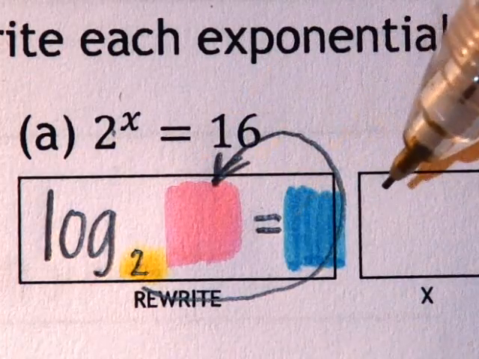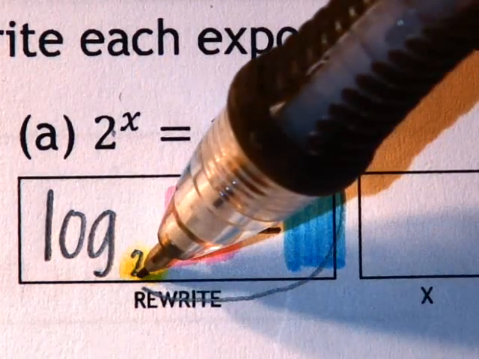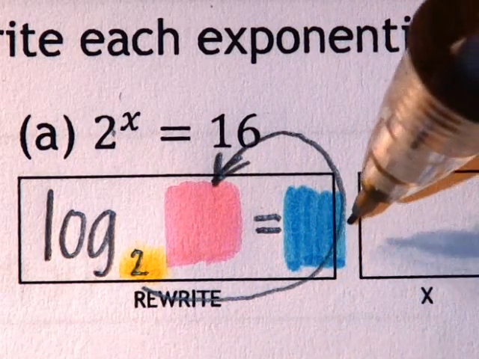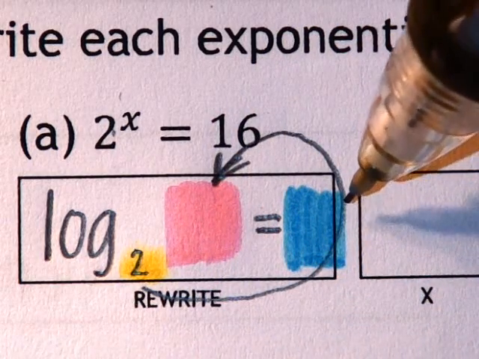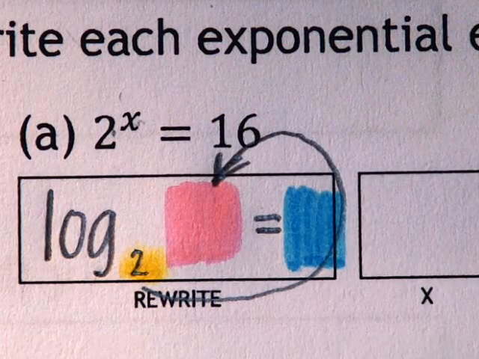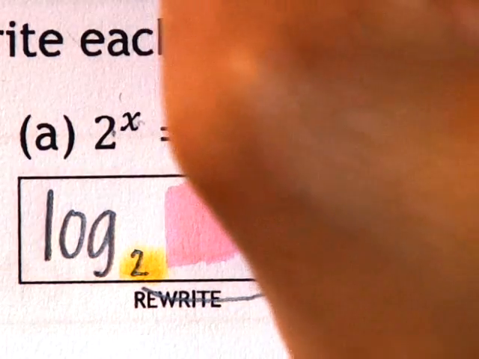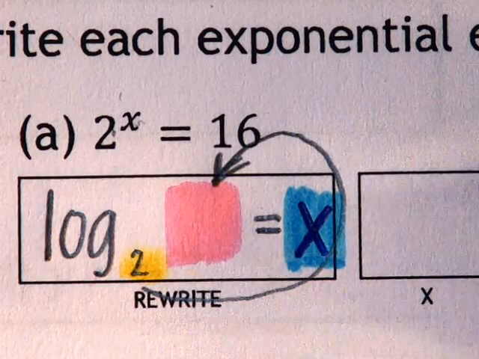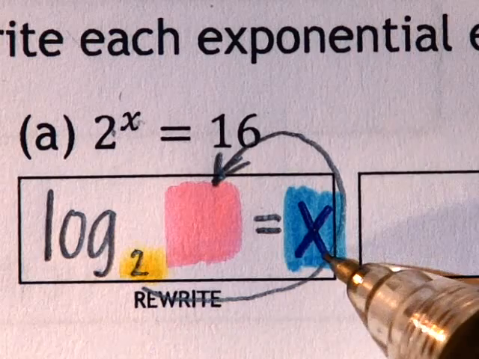Now, in terms of the order of things, we always started with that base and raised it to the power of whatever was over here on the right-hand side after the equal sign. So if I look at this exponential expression, that's giving me a huge hint that the thing in that box must have been the x, because the exponential expression clearly said 2 to the power of x.